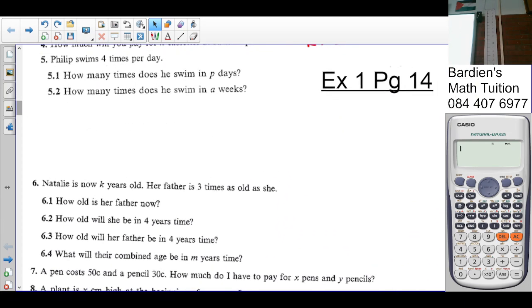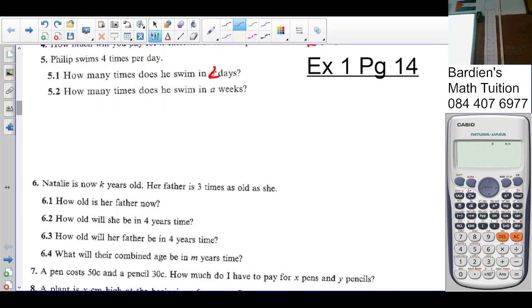Right, let's look at the next one. Philip swims 4 times per day. How many times does he swim in P days? So if this was 4, how many times did he swim in 4 days? 16. 4 times 4. Not so. If it was 3 days, 12, which is 4 times 3.